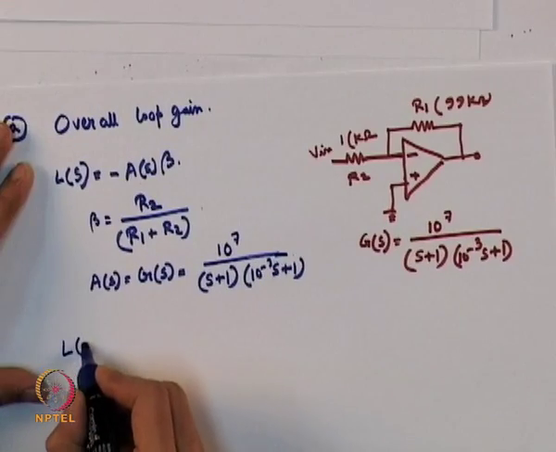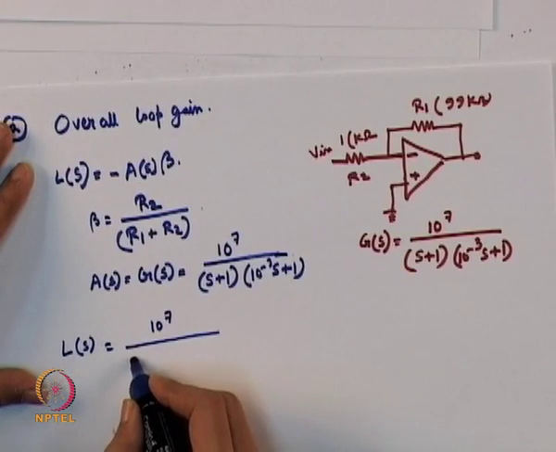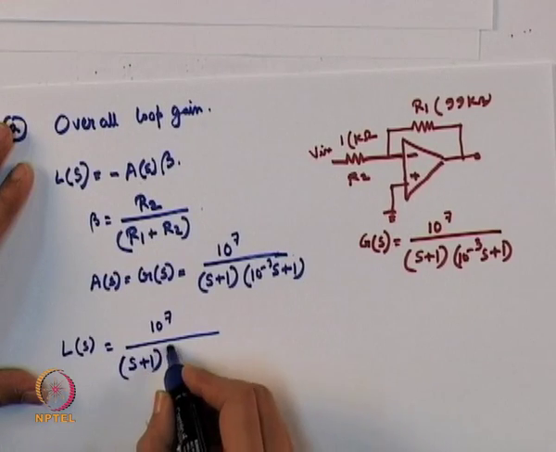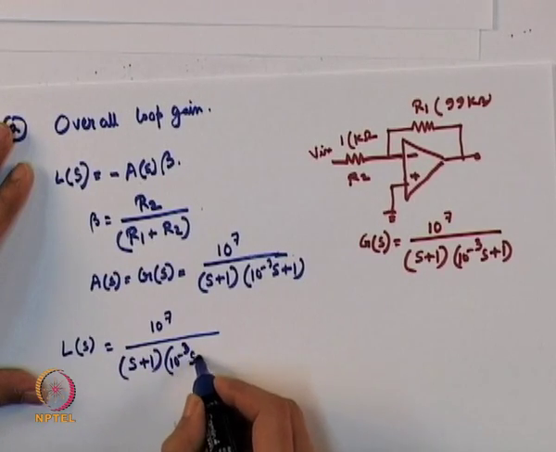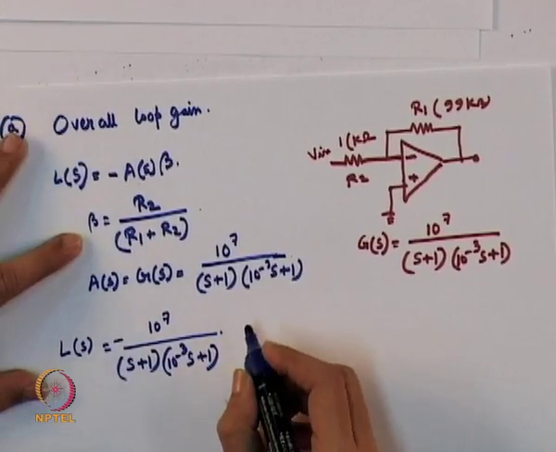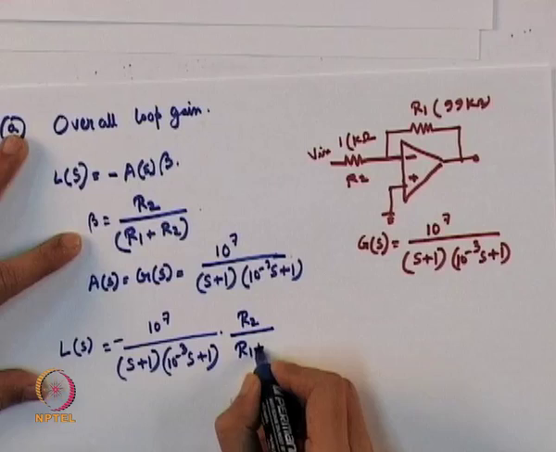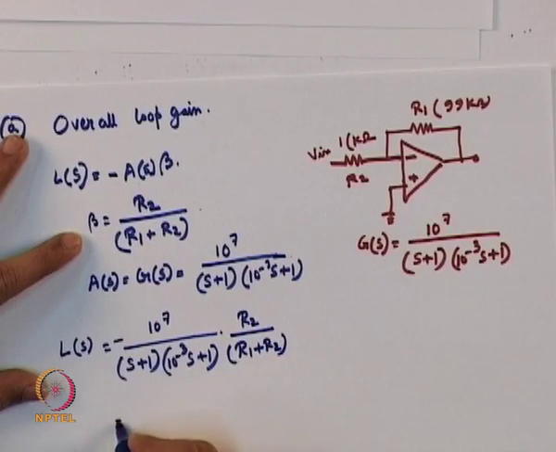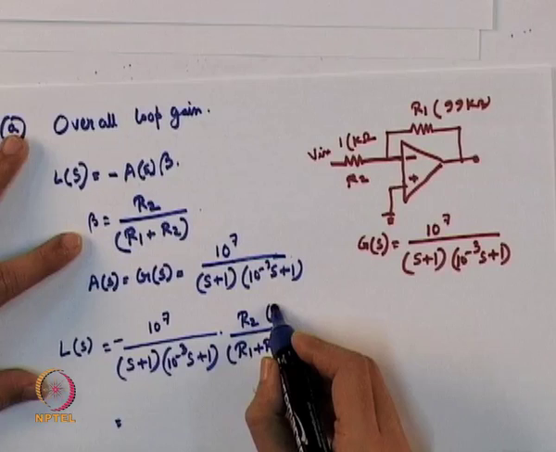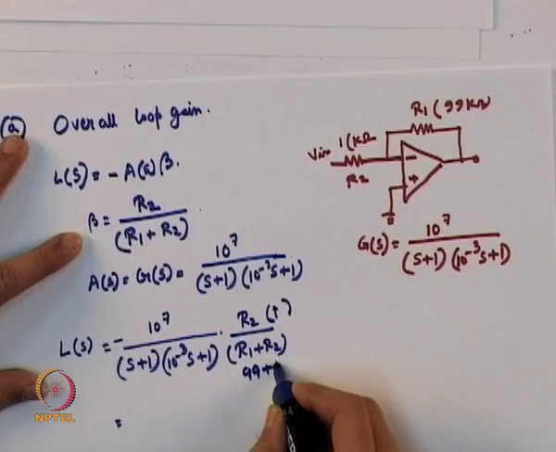So, simply the loop gain becomes 10 to the power 7 by (S plus 1)(10 to the power minus 3 S plus 1), this is Gs, and beta is R2 by R1 plus R2. If we simplify it, R2 value is 1, and 99 plus 1 is 100.